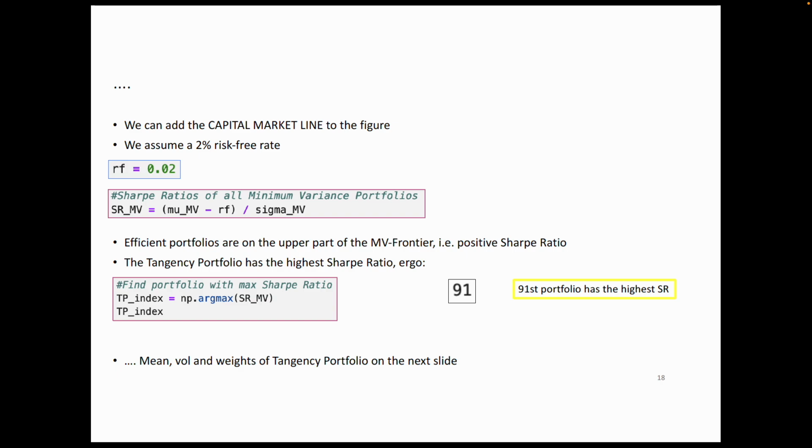Good. So now I found the efficient portfolio that implies the highest Sharpe ratio, and that will be my tangency portfolio. And I know that the capital allocation line connects the risk-free rate with the expected return volatility coordinates of the tangency portfolio.